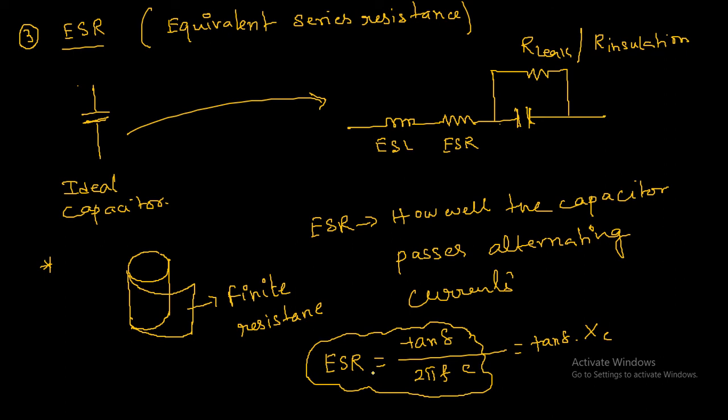Now we also see one more component, that is ESL. This comes from the lead. There are generally two types of capacitors by construction: one is the leaded type, where two leads come out of the capacitor, and the other is the SMD capacitor. The lead provides higher inductance.